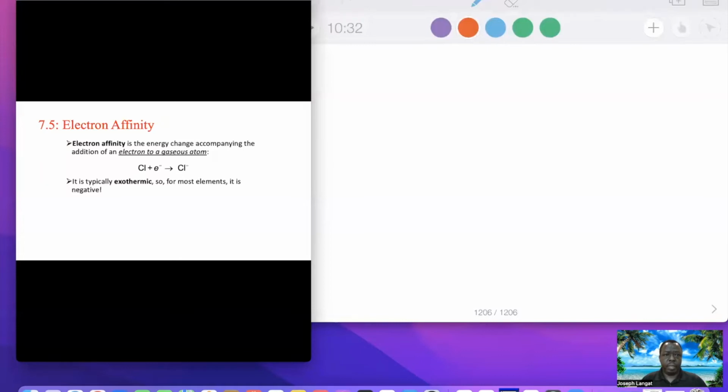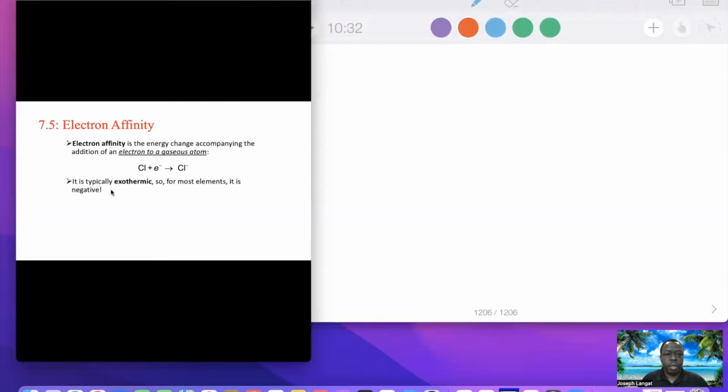Electron affinity is simply the energy change which accompanies the addition of an electron onto a gaseous atom or ion. When an electron is added to an atom in gaseous state, energy is given off. That energy associated with that change is called electron affinity.